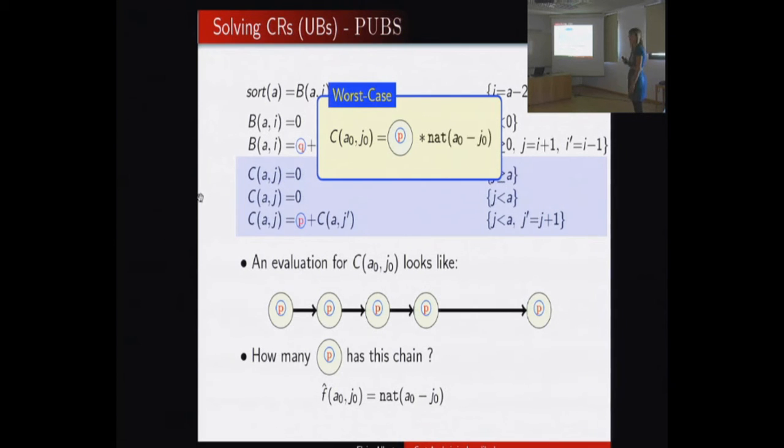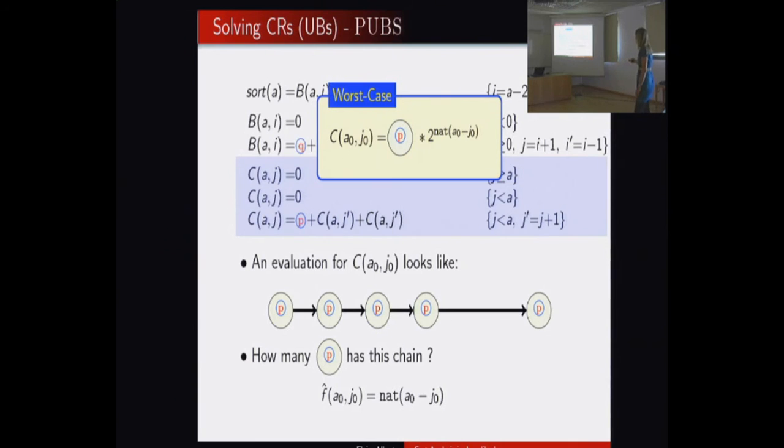You will say, okay, this was easy because it was a linear case. And what happens if I have an exponential method? It works exactly the same way. So imagine I have an exponential function with two recursive calls. In the cost relations, I get two recursive calls in the relation.